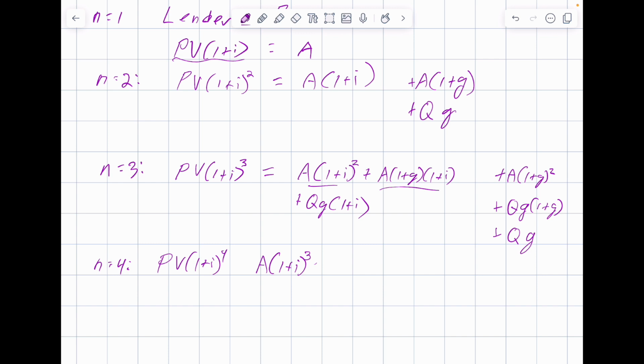and then multiply this by 1 plus I. It'll become 1 plus I squared plus this term times 1 plus I plus this term become QG 1 plus I squared plus this times 1 plus I plus this.